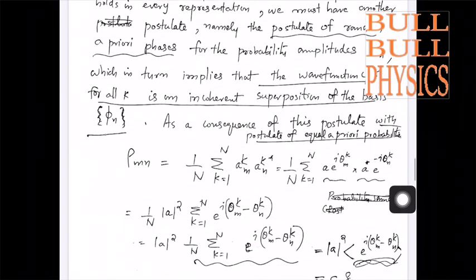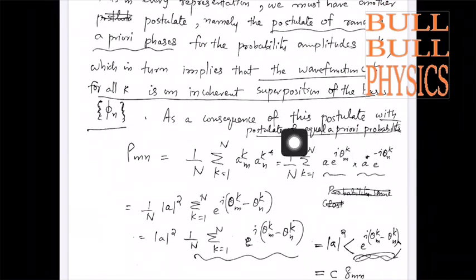As a consequence of this postulate, along with the postulate of equal a priori probability, what we are going to see is this. If you take rho mn, this is the definition of rho mn.